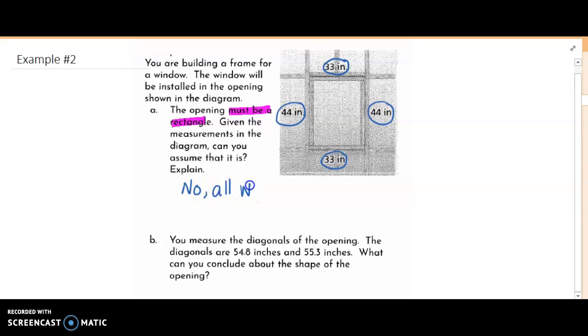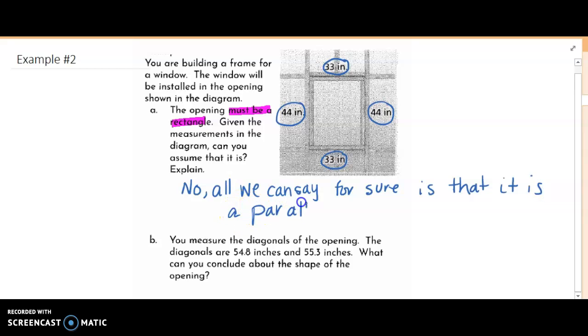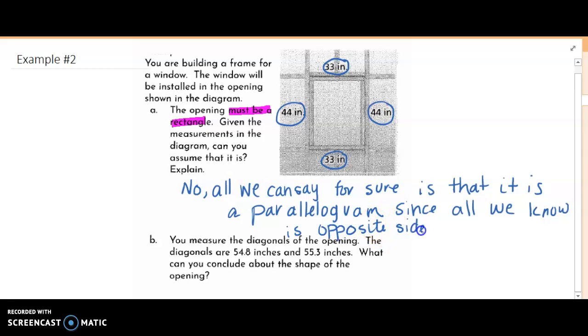All we can say for sure is that it is a parallelogram, since all we know is that opposite sides are congruent.